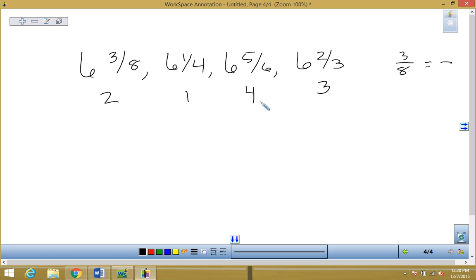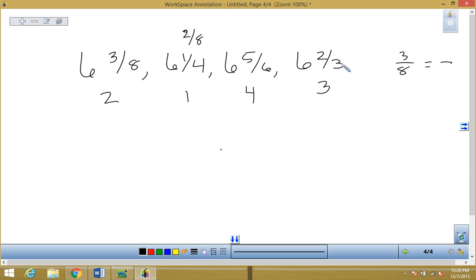That's smaller than. Okay, hold on, I'm going to say what you're saying. Nick is looking at how 1/4 is equal to 2/8, which makes it smaller than 3/8. Okay, keep talking. 2/3.